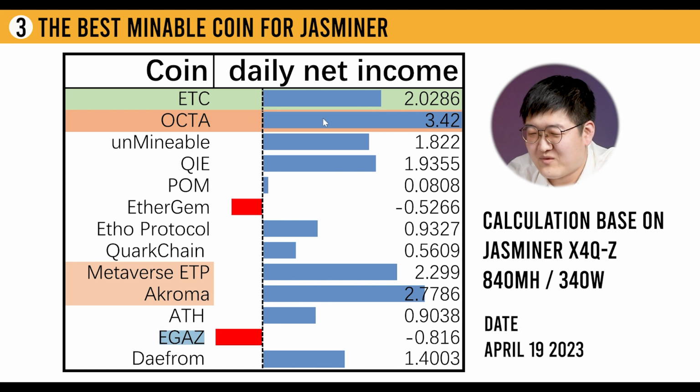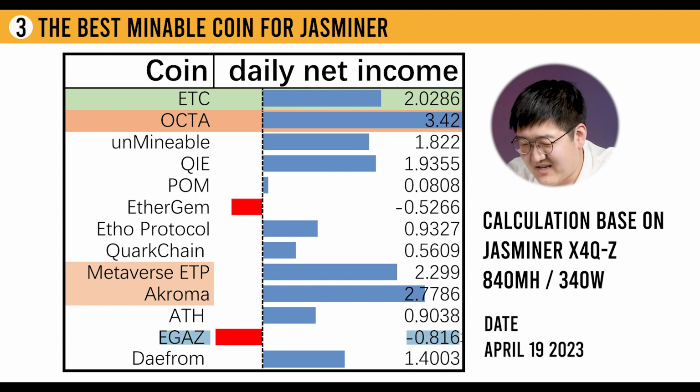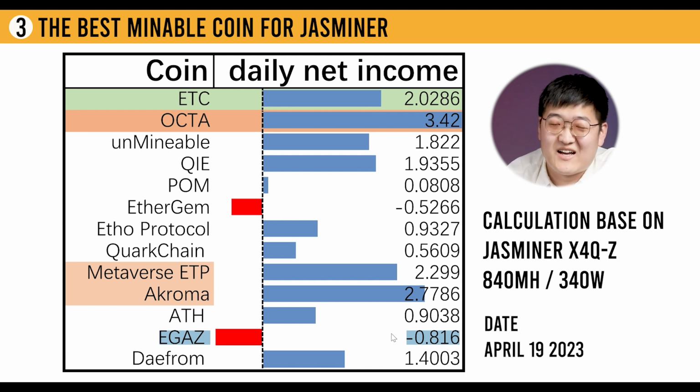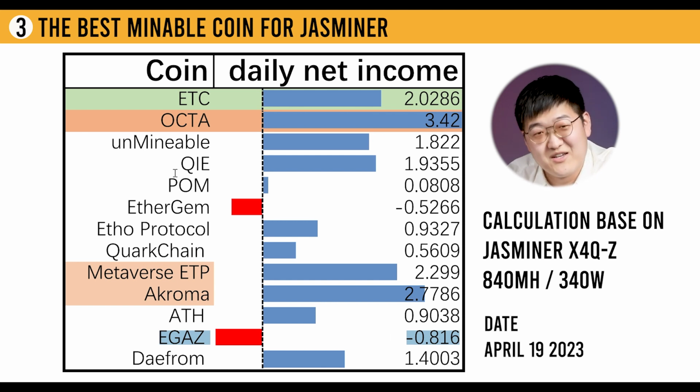You could mine around $8 of OCTA, but you were earning over $10 of EGAZ. And right now, you are having a net loss. So once again, it's quick money. If you want to mine this altcoin, do it now before others find out.